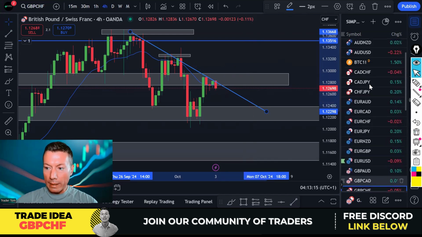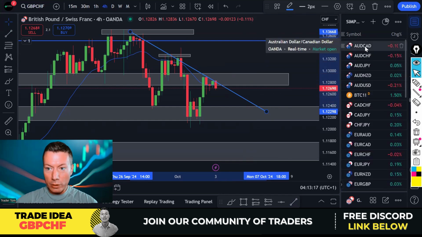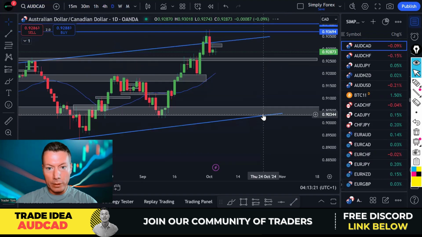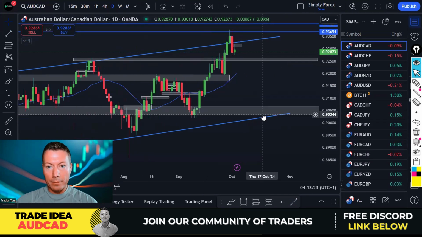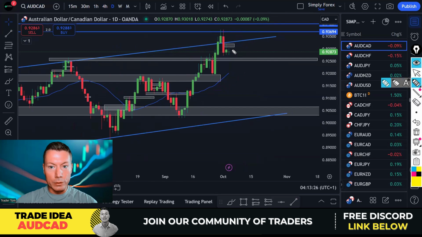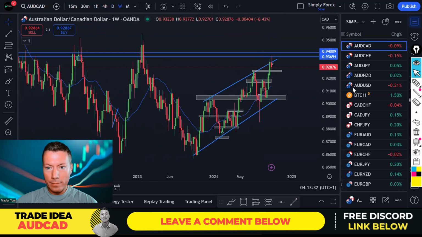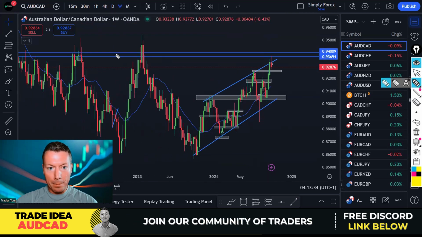I'm also looking at a couple of Canadian dollar pairs. So if we look at Aussie dollar Canadian dollar, again on the day chart, I still think this has room to the upside, because if we look at the weekly chart, the next piece of important resistance is here.